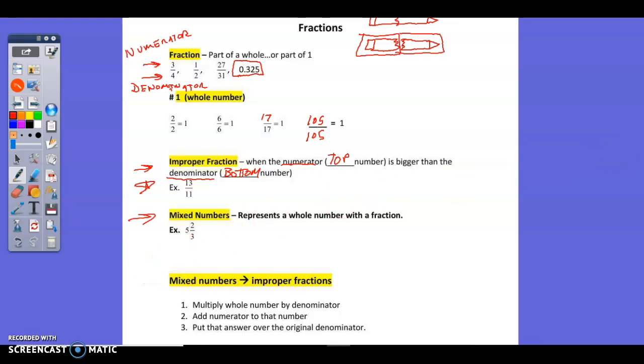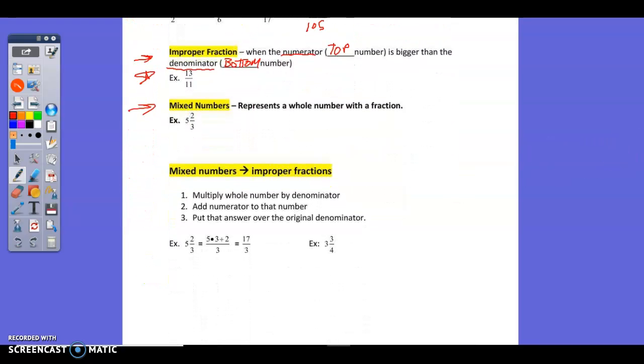All right, not to say mixed numbers are bad, they're just not my favorite. So one way we can make a mixed number into an improper fraction when we're doing future assignments for math and you want to make it easier to manipulate things, is to change these into improper fractions.